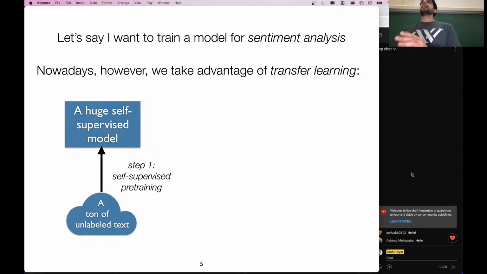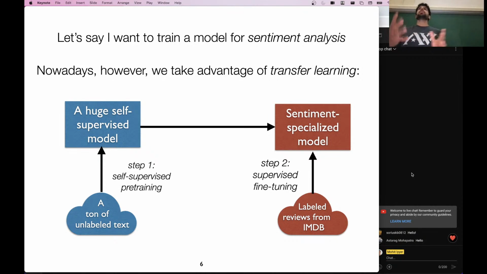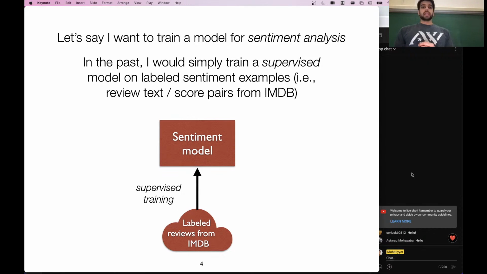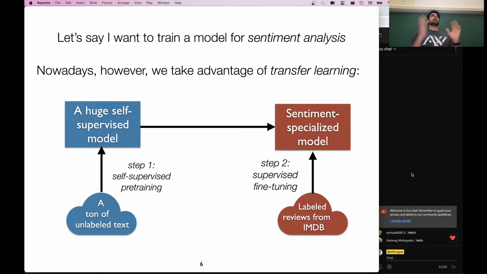We discussed how when you pre-train a model on a self-supervised task, and you scale up that model such that it gets very good at predicting the next word, then we can specialize this general pre-trained model to the task that we actually care about, in this case sentiment analysis, and we get much better performance than in this first paradigm.